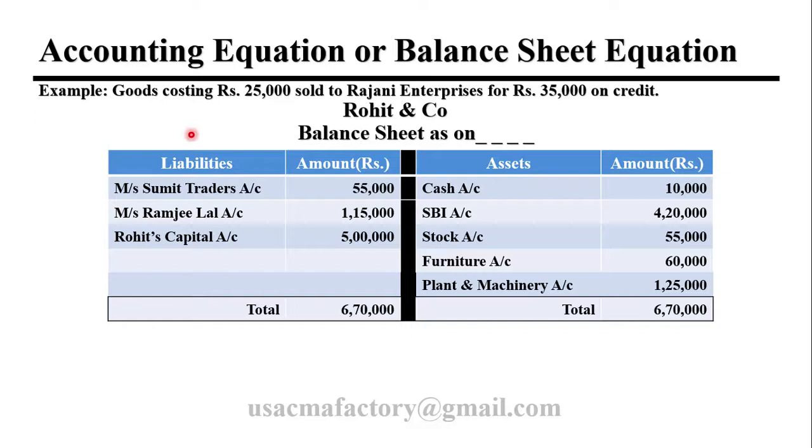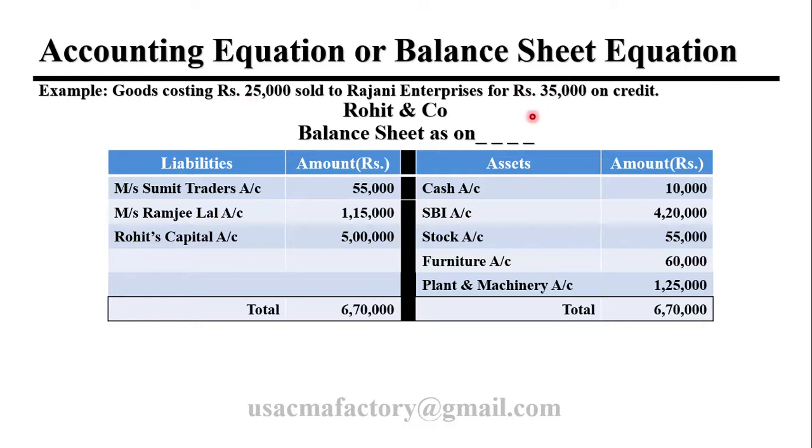Next transaction. Goods costing rupees 25,000 sold to Rajni Enterprises for rupees 35,000 on credit. See, here we need to understand three things. One, goods costing means cost price 25,000, but sold for 35,000.